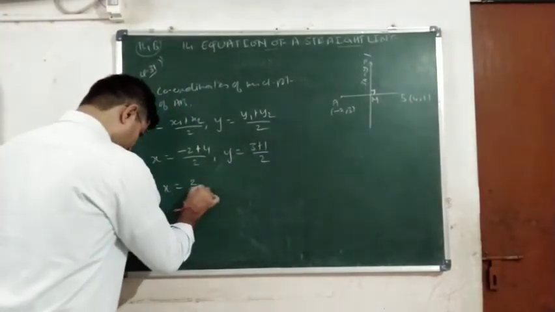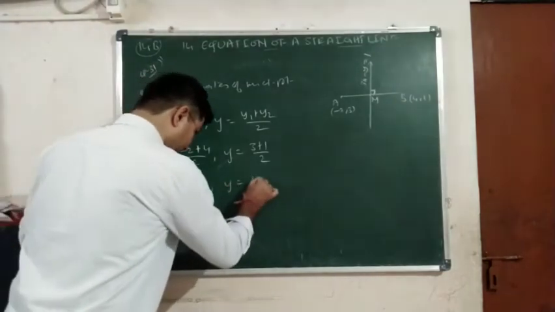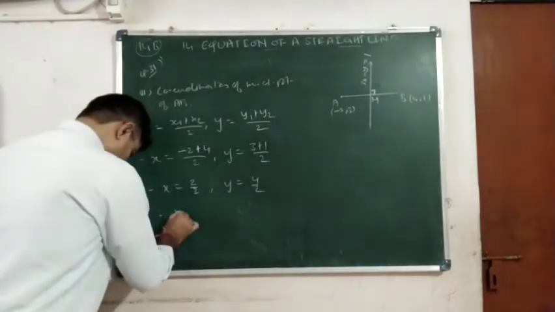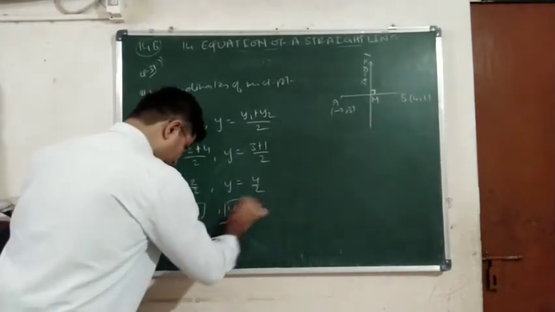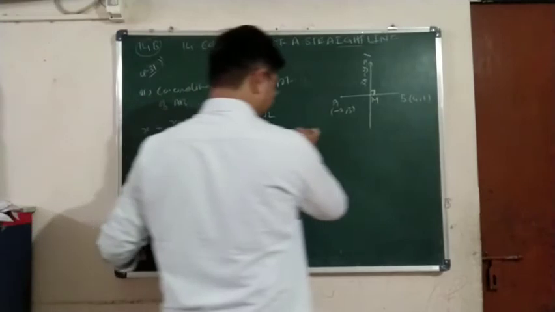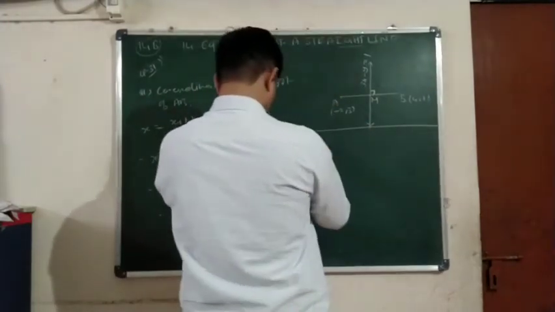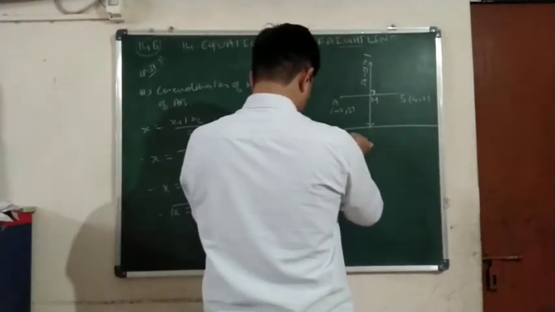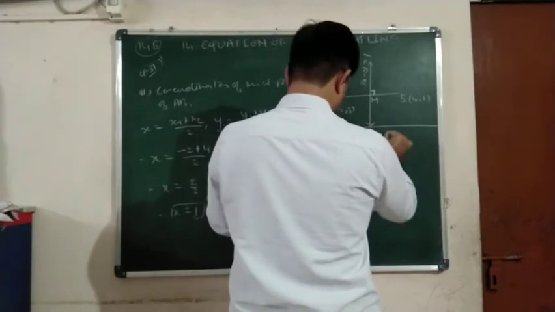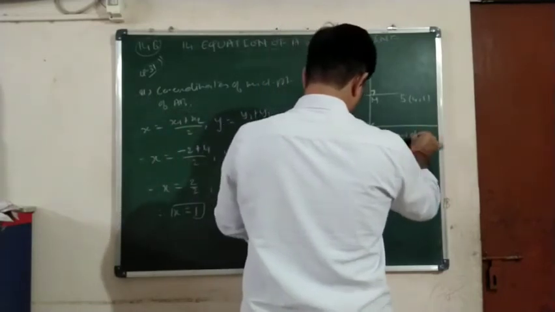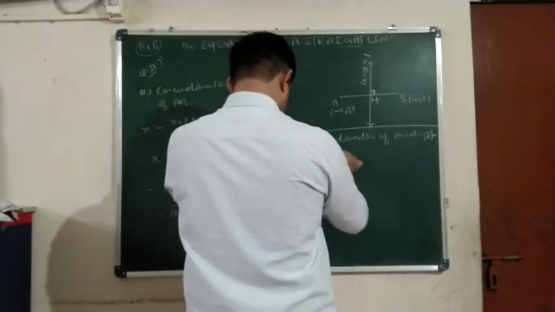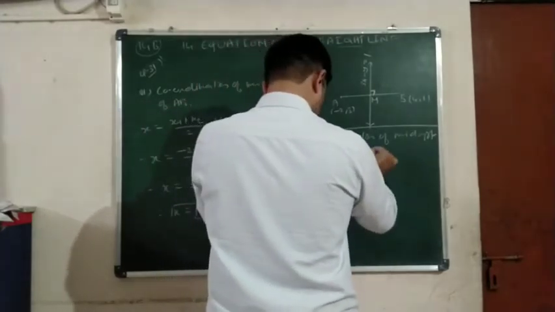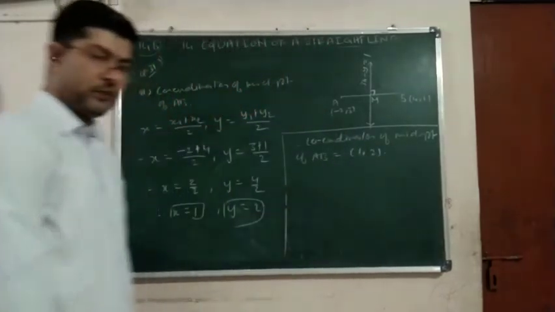Therefore x is equal to 2 upon 2, so x is equal to 1 and y is equal to 2. Therefore coordinates of midpoint of AB are (1, 2). Clear?